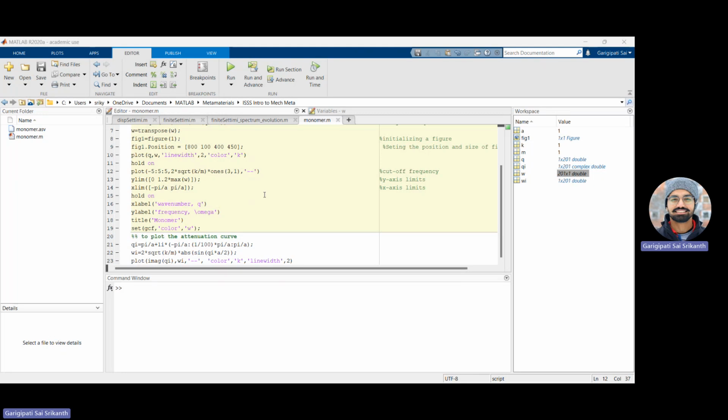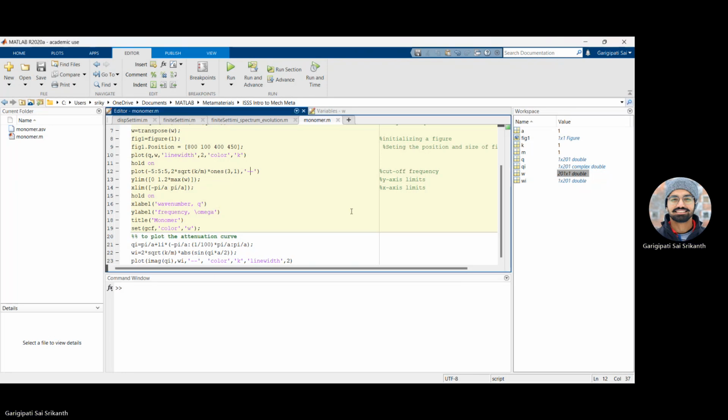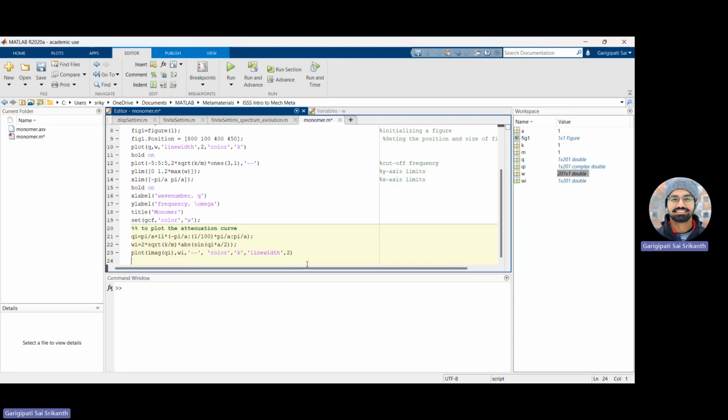Since there are so many curves and reference lines, you have to properly mark them.